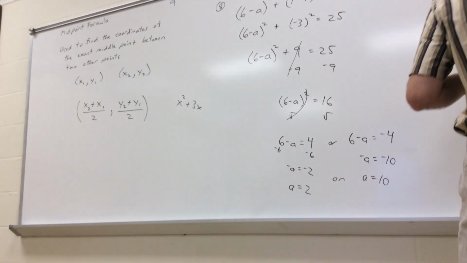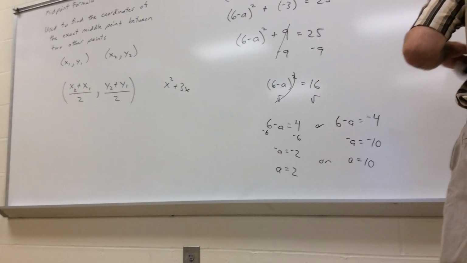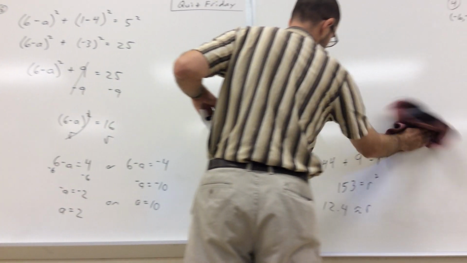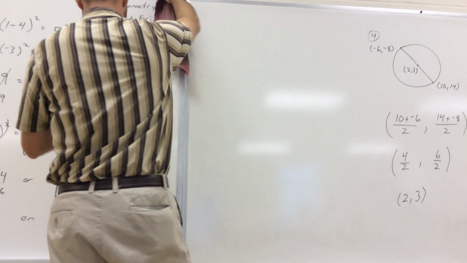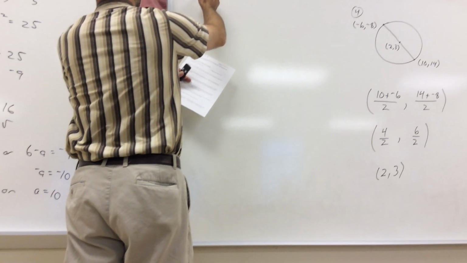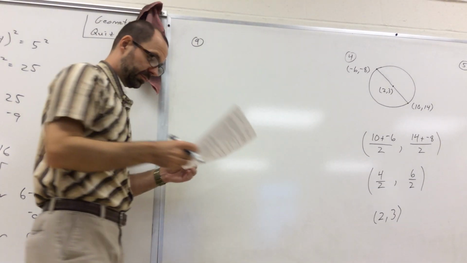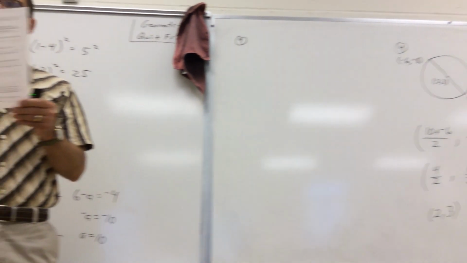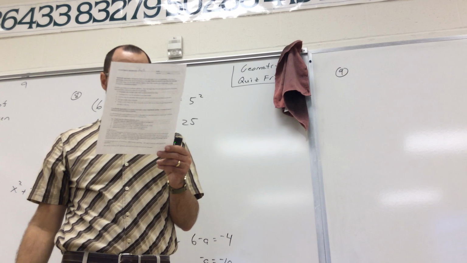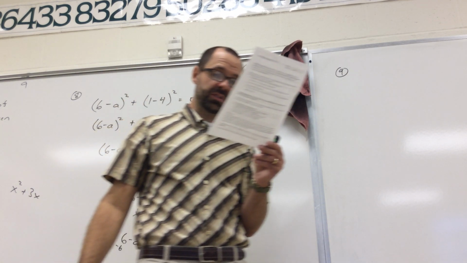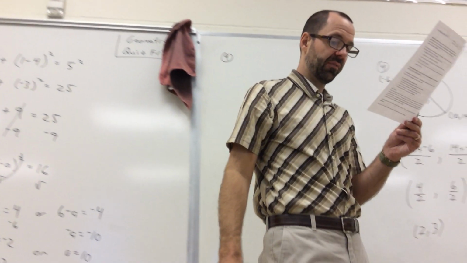All right, I'd also like to look at 9 with you. Number 9 says the Greek letter delta, a triangle, is sometimes used to represent the difference or the change in a pair of values.